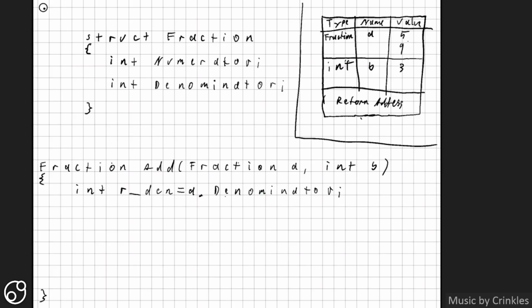And what it will do is it will go to A when it actually processes this operation. We'll go to A, which is our variable here, which is indeed a fraction, so dot operation is allowed. And this will now go to this fraction A. It will look at the memory, which has two different variables. And it will look at the variable that was declared as denominator, which is this one, the second one.